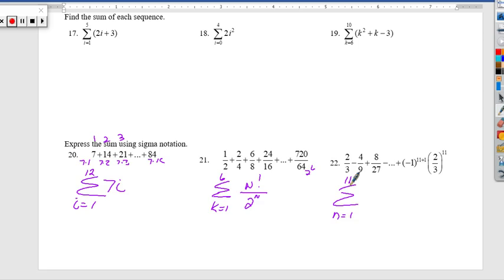I need to get the signs to rotate, so that's going to be -1 to the n plus 1. So that's going to help me to get those signs to flip back and forth. And I can see that this is 2/3 being raised to the n power. All right, and with that, we have finished up our first of 4 notes on series and sequences.